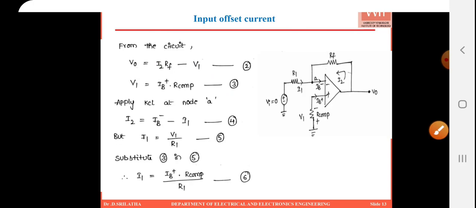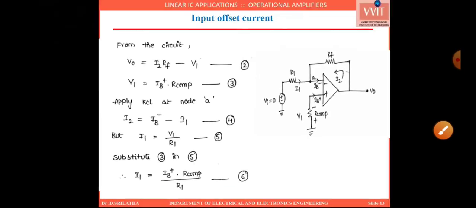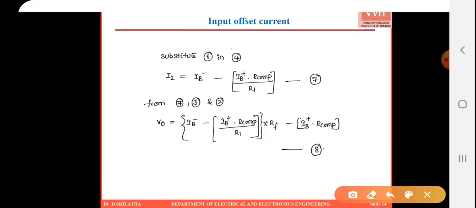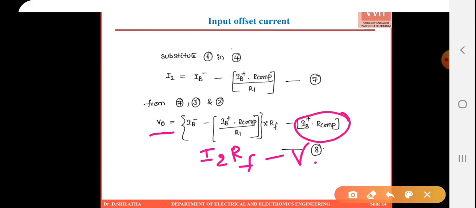And for I2, I substitute equation 7: IB minus minus IB plus R compensation by R1.